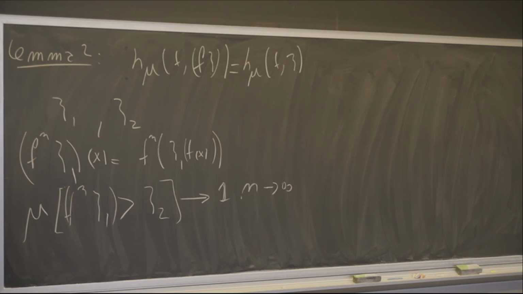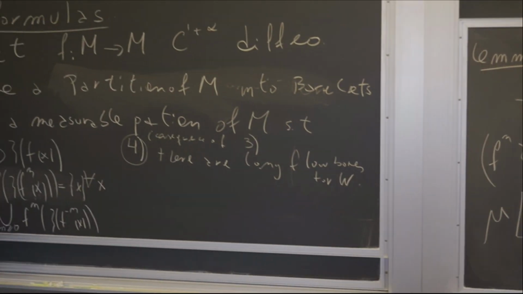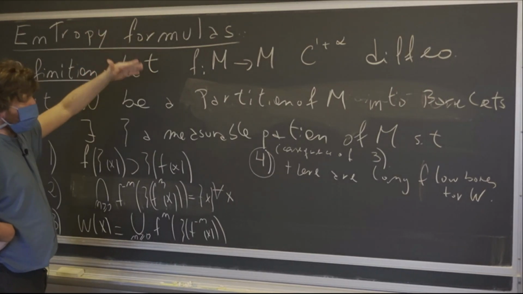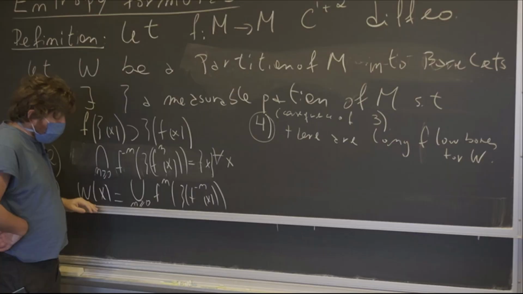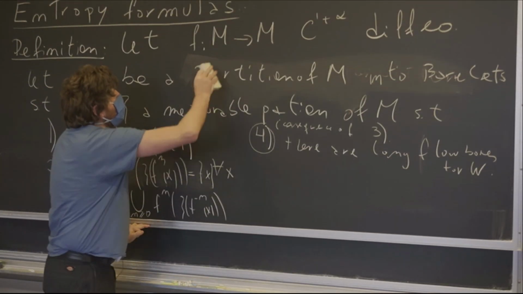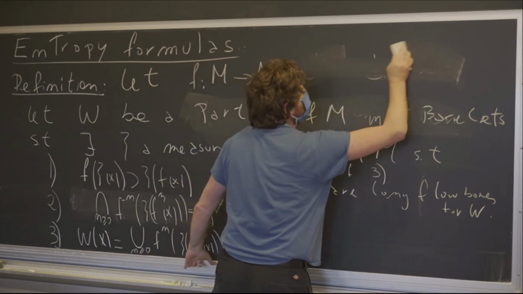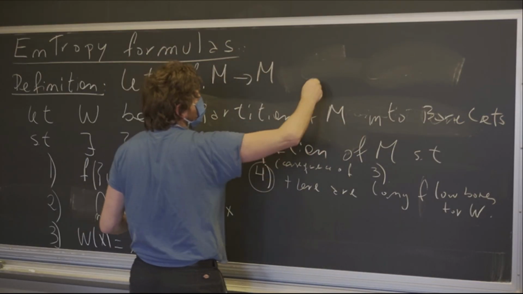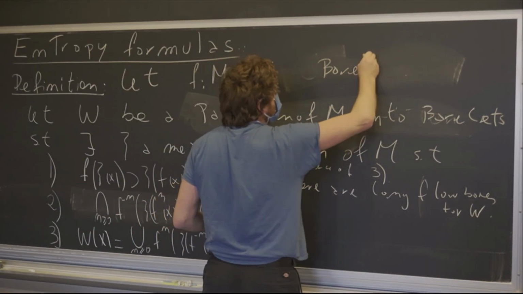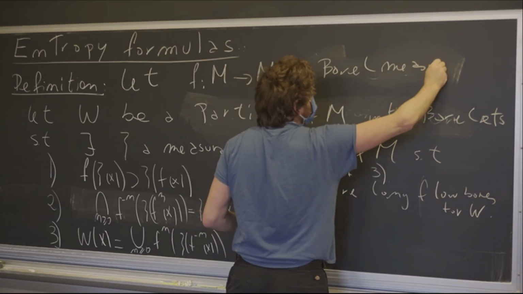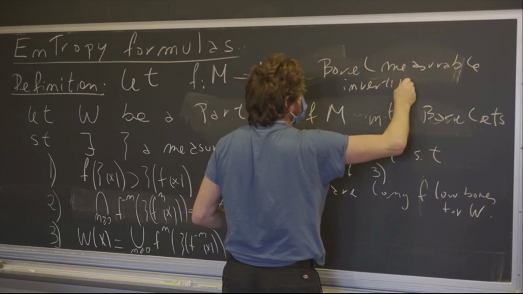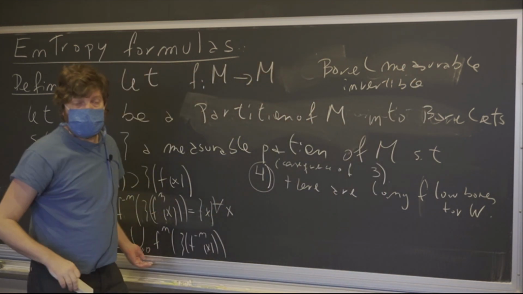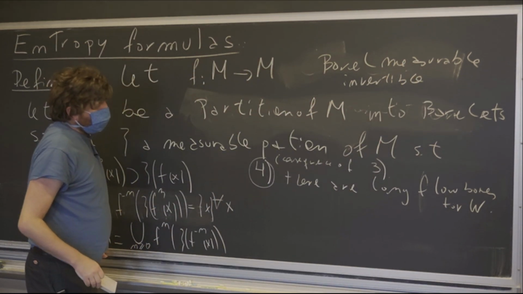Yeah, this is a completely abstract measure theoretic segment, so you don't even need the smoothness, you just need a transformation of a measure space, of a Borel measure space. Actually, you are right, so let's say Borel measure. Let's say invertible, because I am playing a little bit with invertibility here.